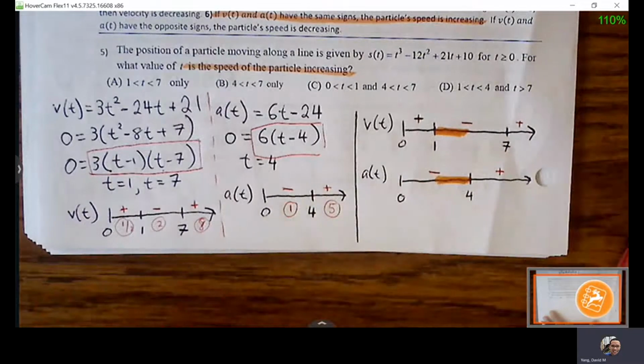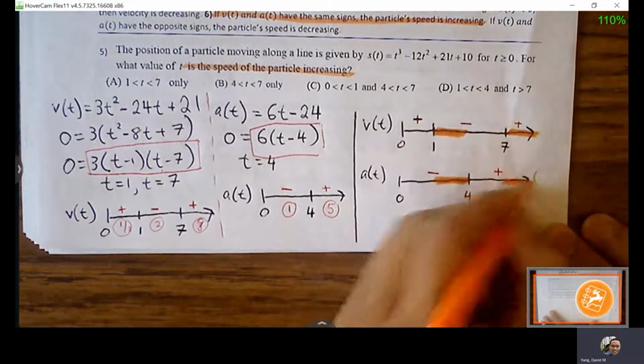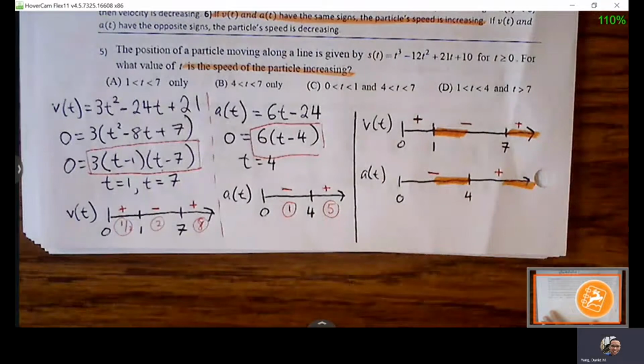Where else? Yeah, 7 to infinity. Good. So velocity and acceleration have the same signs on those two intervals, and that's how we know that speed is increasing. So D, right?